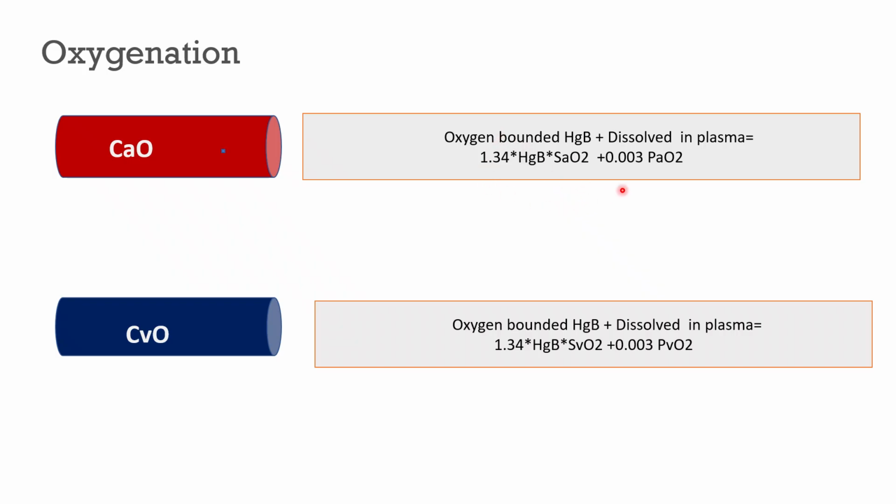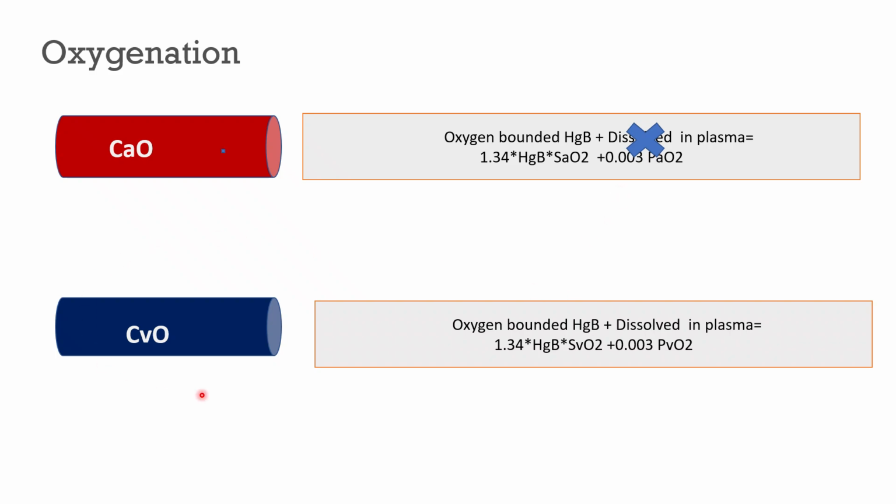If we speak about oxygen dissolved in the plasma, this can be neglected, as it is 0.003 multiplied by PO2, so it is not important in oxygen content.